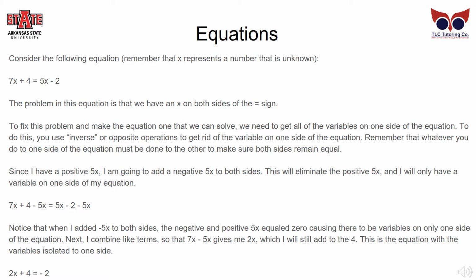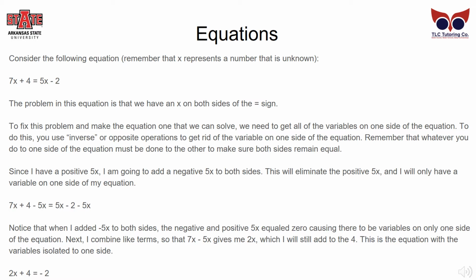Since I have a positive 5x, I am going to add a negative 5x to both sides. This will eliminate the positive 5x, and I will only have a variable on one side of my equation. 7x plus 4 minus 5x equals 5x minus 2 minus 5x.